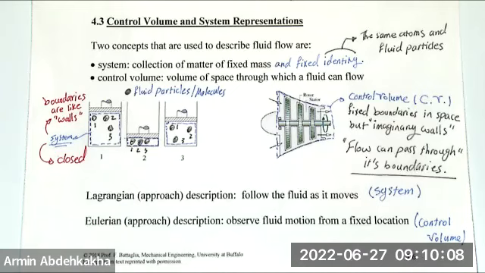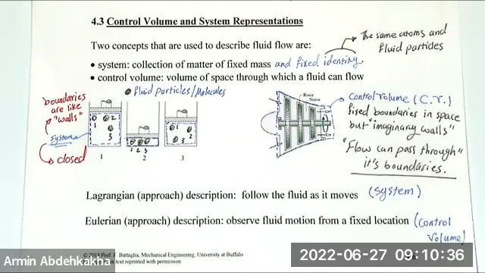When they go, you don't care which one came, you just have to be responsible to explain it. And when he or she leaves, you wait for the next one, right? You don't say, hey, your identity matters, I'm going to follow you. No, you're fixed in space. That's the difference between control volume and system, or Lagrangian and Eulerian approach, right?